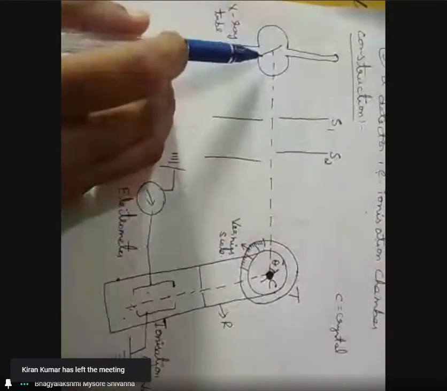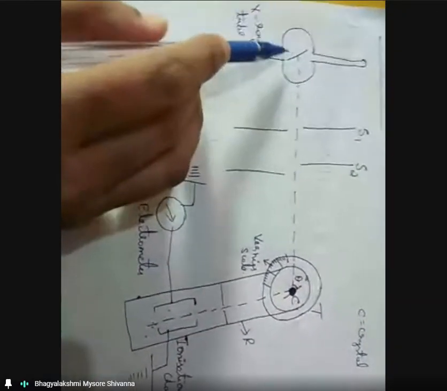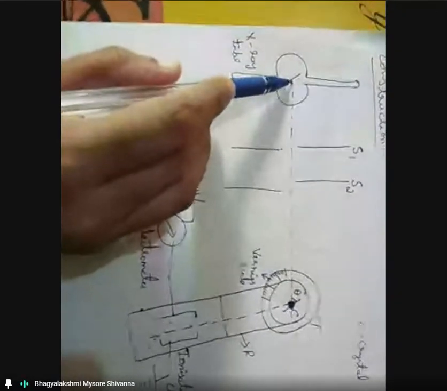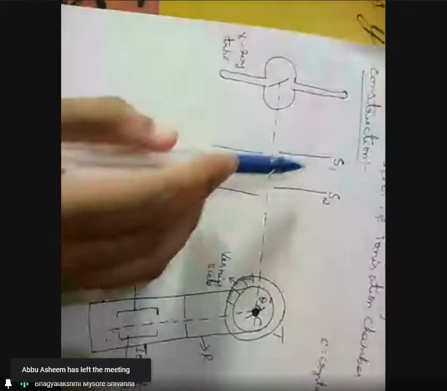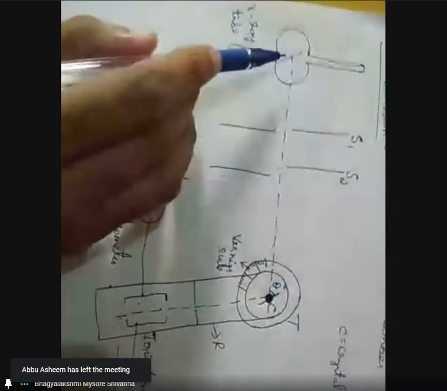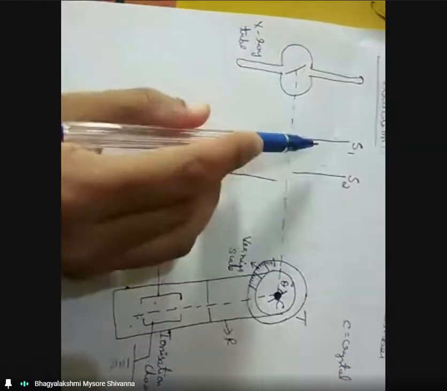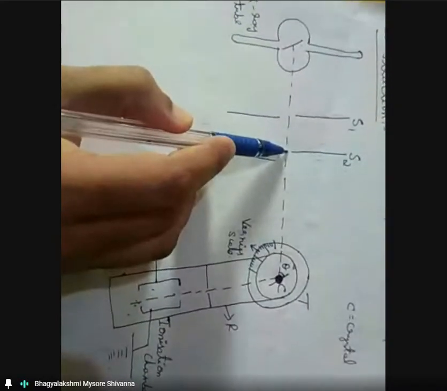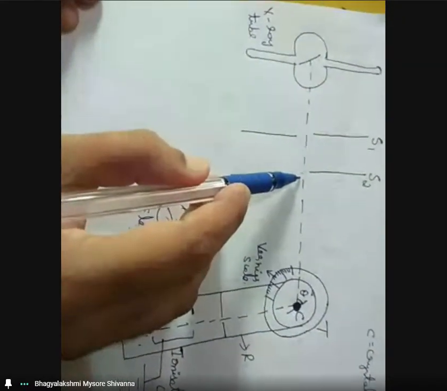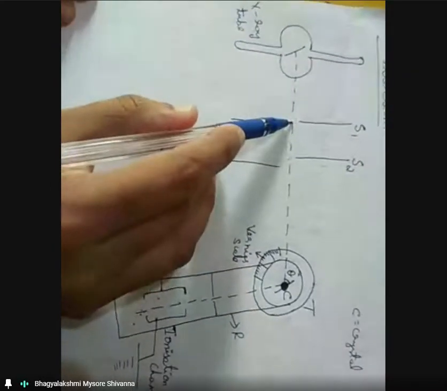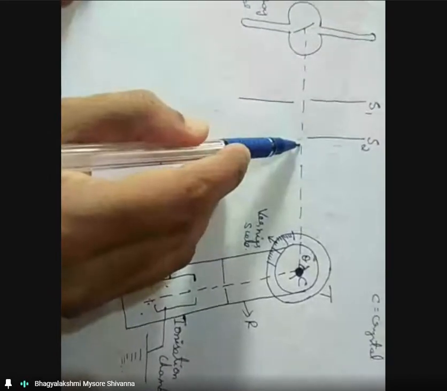Next, to explain the construction, the X-rays from the X-ray tube pass through the two narrow slits S1 and S2, and after that we get a fine narrow beam.